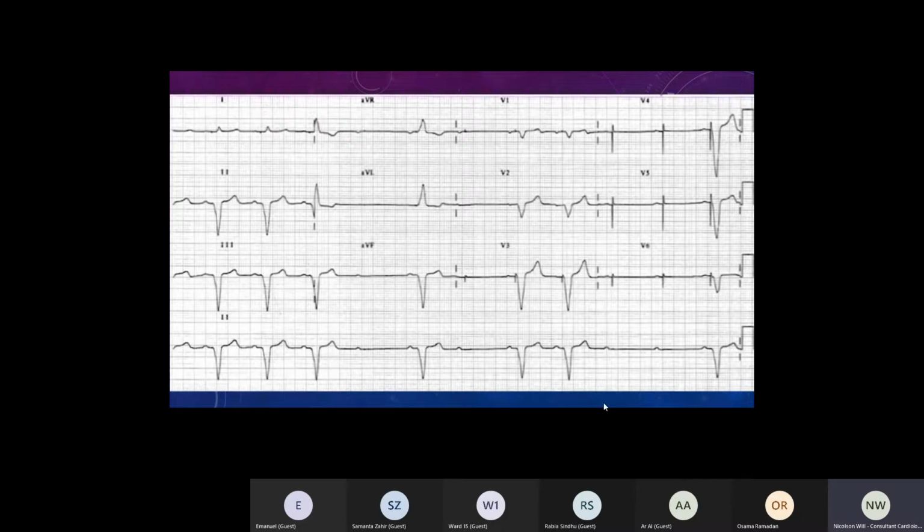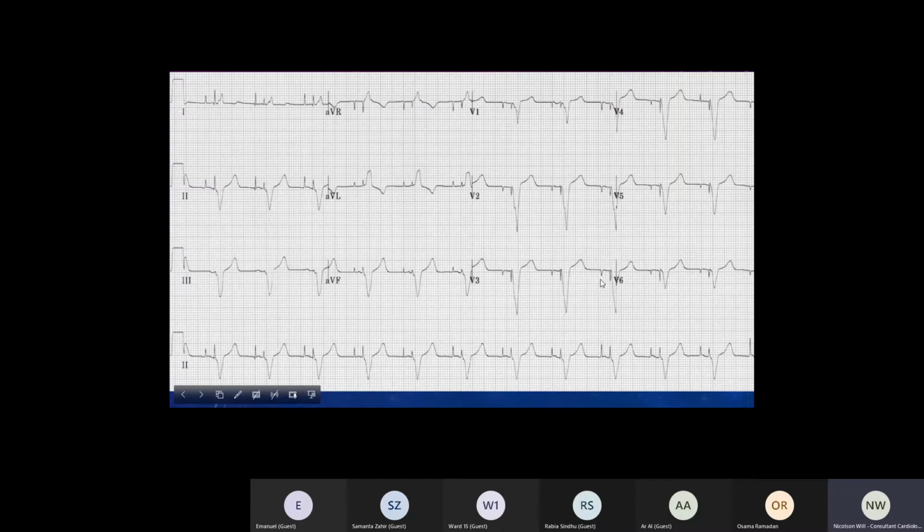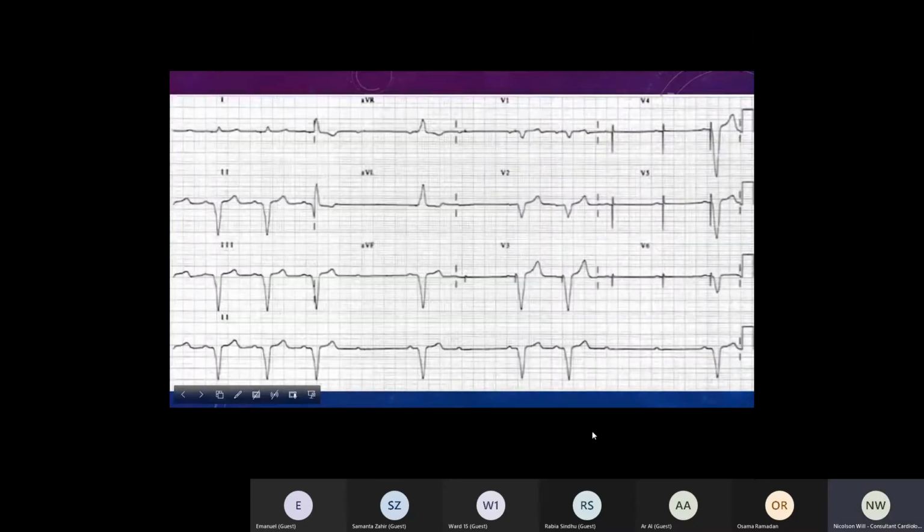So think about the previous ECG I've shown you. So in that ECG, we had atrial pacing and ventricular pacing. This ECG, can you see that there are also pacing spikes on it?